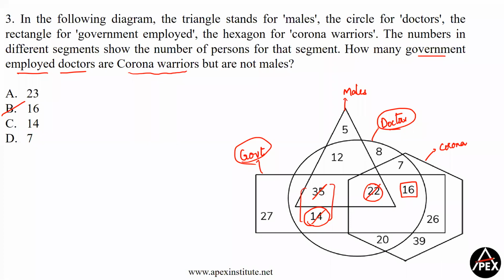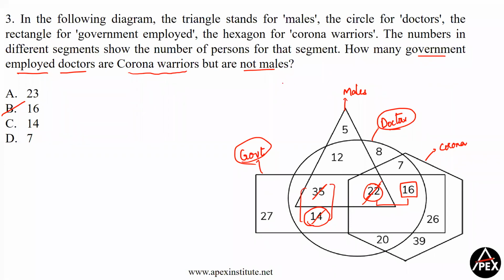The regions common between corona warriors and government employed doctors are 22 and 16. Out of these, the 22 are males, and as per the question they should not be males. So you can eliminate this 22, and we have 16 government employed doctors who are corona warriors but not males. Clear, guys?